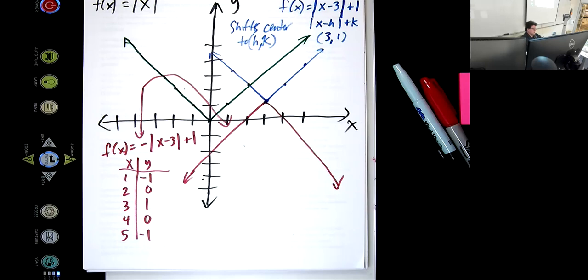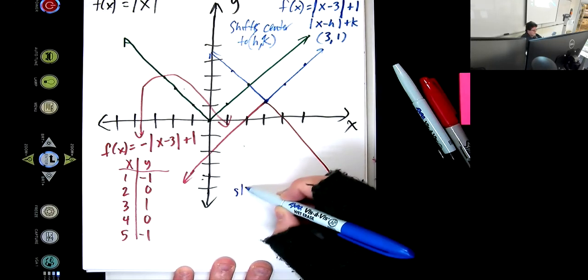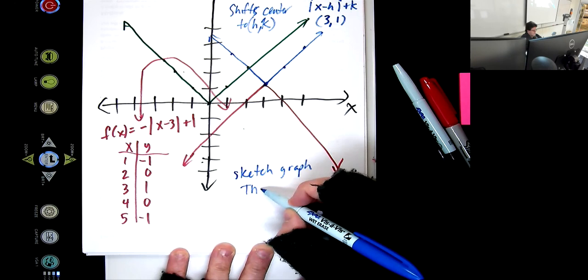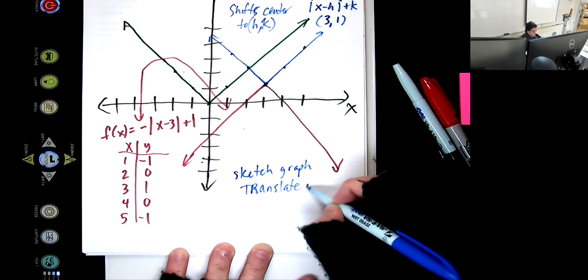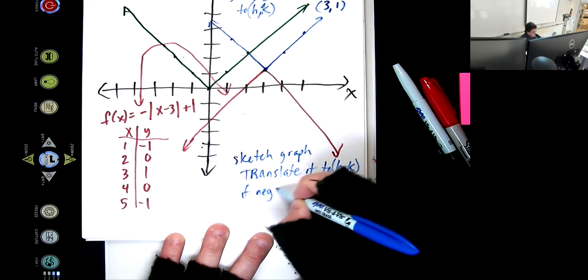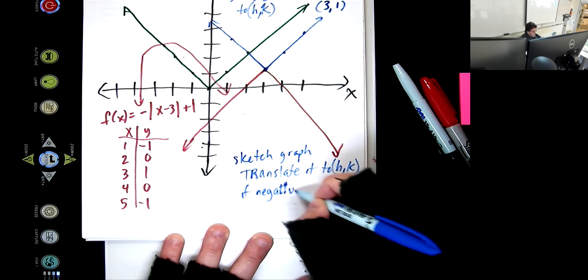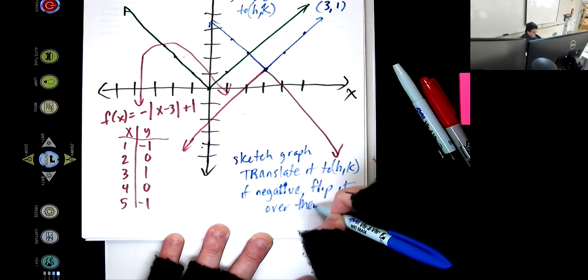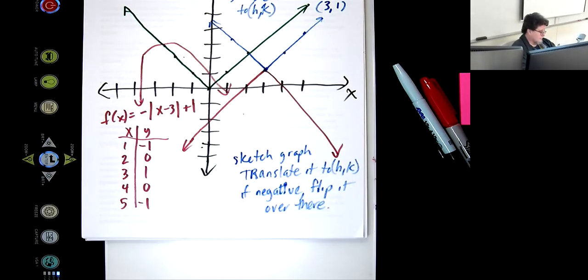So you might find it handy to sketch the regular graph, translate it to HK, and then if negative, flip it over there. Or if you like doing the flip first, you can flip it first, then shift it.